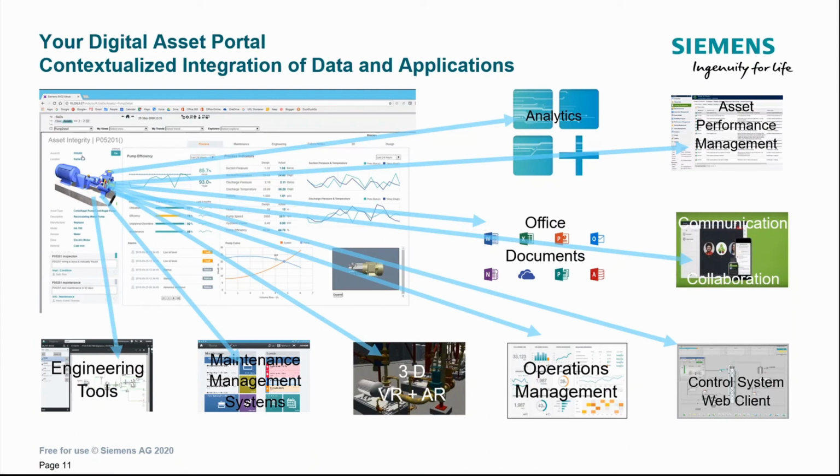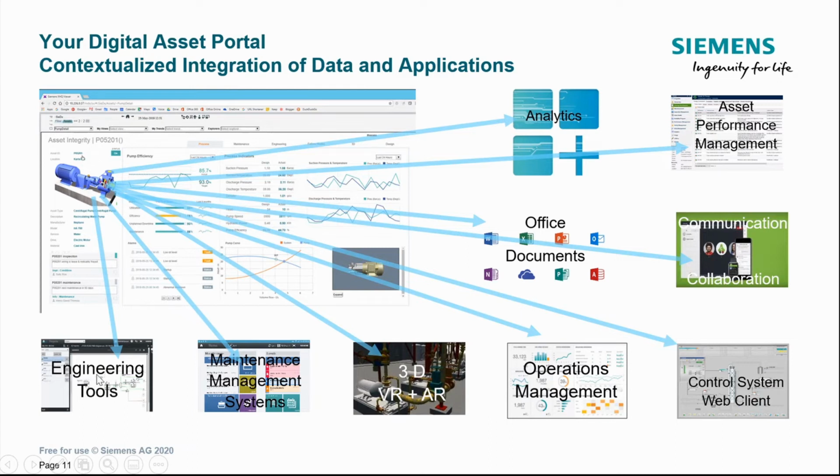This slide shows us that, for example, one asset, like one pump, but this could be a compressor or another important asset in your plant, has connection with all this range of solutions and platforms.